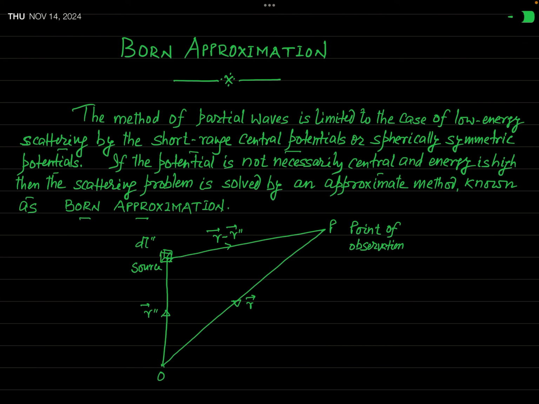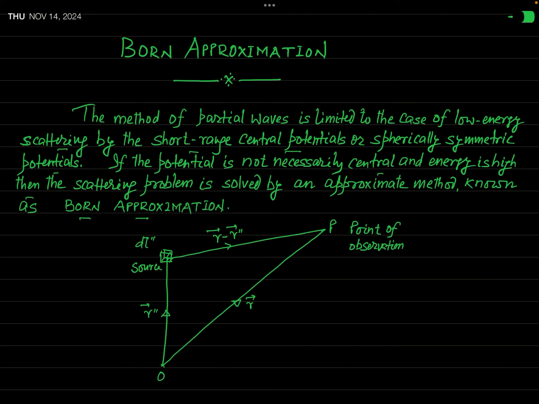In this video, we will first of all see how we can calculate the differential scattering cross section by applying the concept of Born approximation. And after that, we will learn what is the condition for the validity of this Born approximation.